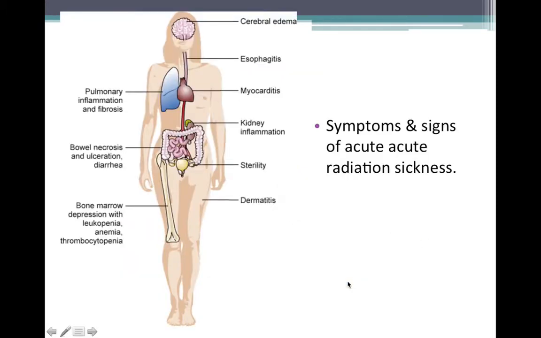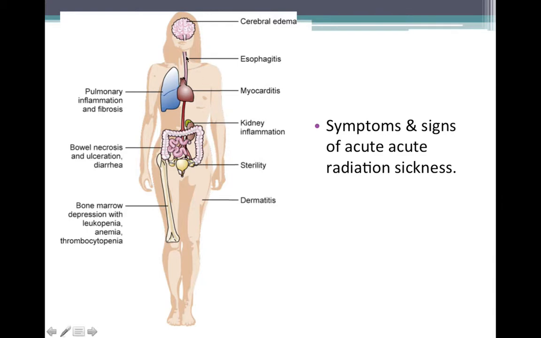Now, some of the symptoms and signs of acute radiation sickness are things like cerebral edema, esophagitis, myocarditis, pulmonary inflammation, kidney inflammation, bowel necrosis, dermatitis, bone marrow suppression, and sterility. So think about the tissues in your body that divide a lot, especially things like epithelial tissues. Those are going to be affected by radiation more dramatically.